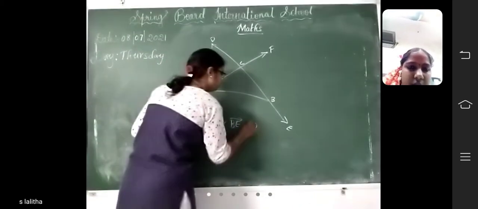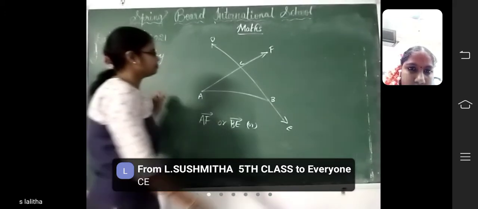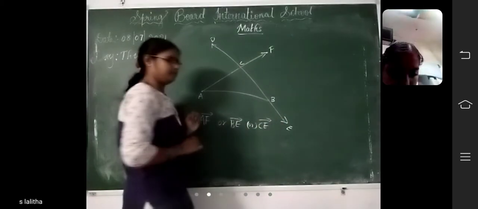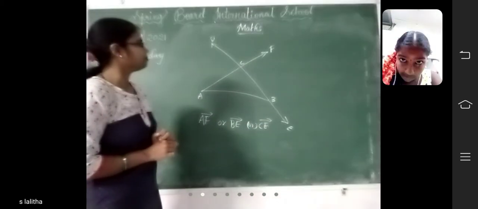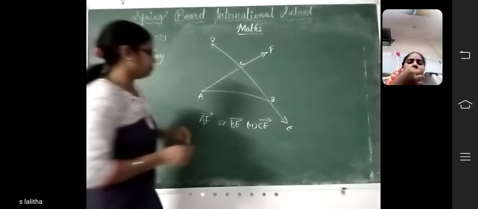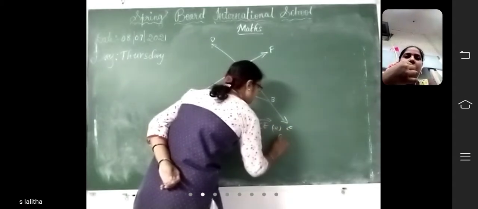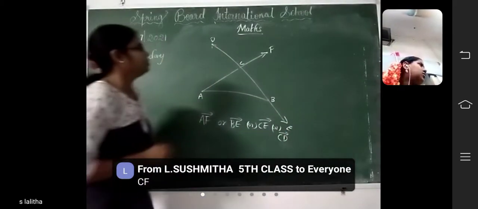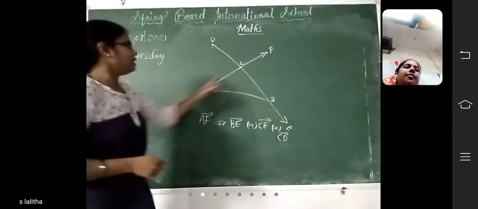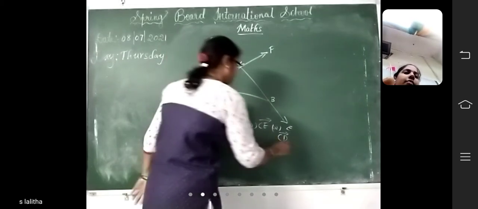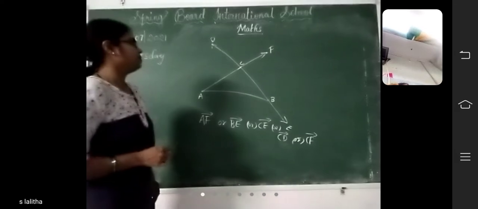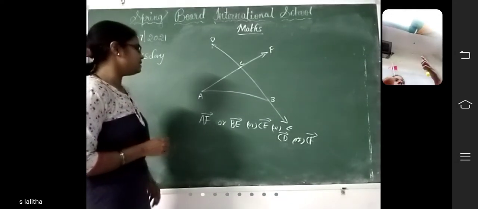Or next, C, E. Next, another one is there, C, D. Okay, starting point here, C, D. Okay, next here, C, F. Okay, children, so how many rays are there here?